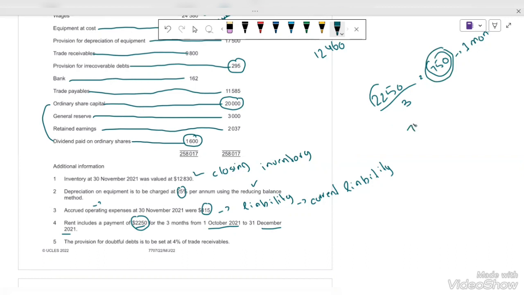Because you just pay 750, 750, 750, this amount for October, this amount for November, and this amount for December. This is the extra advance payment you paid to your landlord.